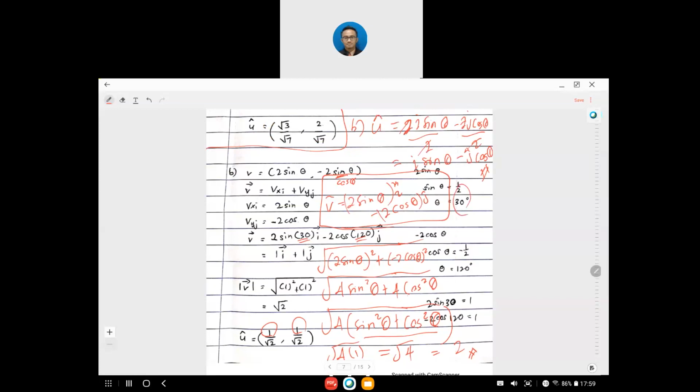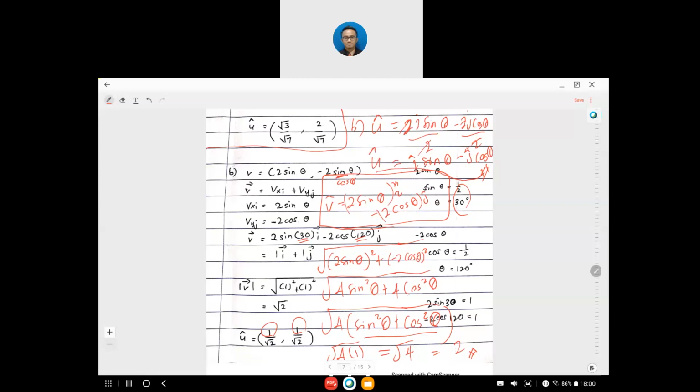Kita tak tahu sudut dia berapa tu. Okay? Sir, yang theta tu tekan calculator macam mana? Mana boleh tekan calculator? Awak tekan calculator tak dapat. Sebab tu jawapan akhir dia i sin theta unit vector ni. Awak dapat i sin theta minus j cos theta.